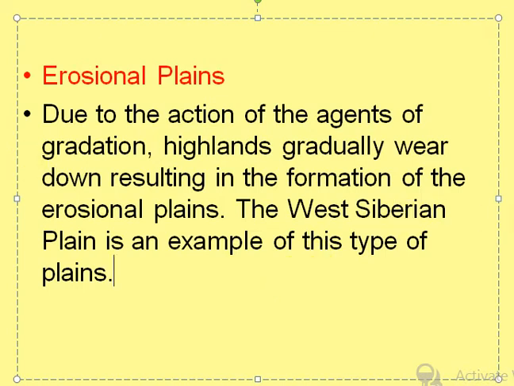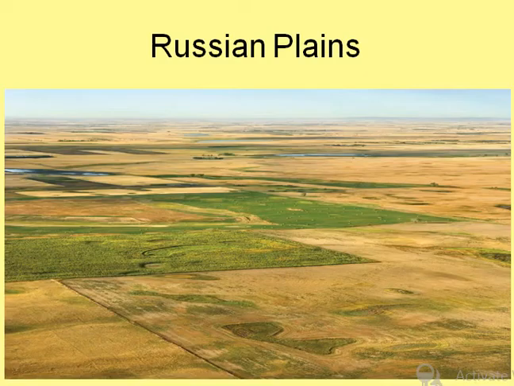Now this is one more example, the Russian plains. You can see over here one of the important plain areas, very fertile areas of the world. This is an image from the Russian plains, and if you look carefully, you can see the agricultural activities taking place in these areas.